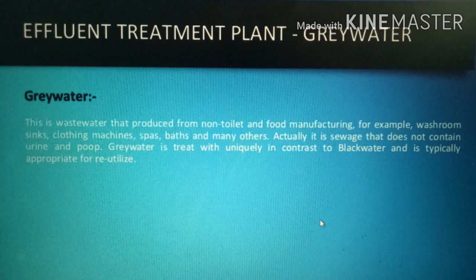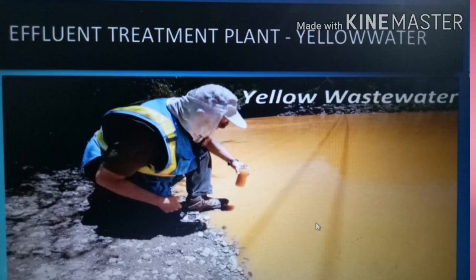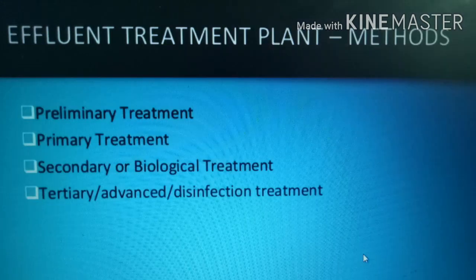It is typically appropriate for reuse. Grey water is generally from showers, washing machines, and can be used for the house and garden. And yellow water is essentially urine gathered with particular channels and not tainted with either black water or grey water.